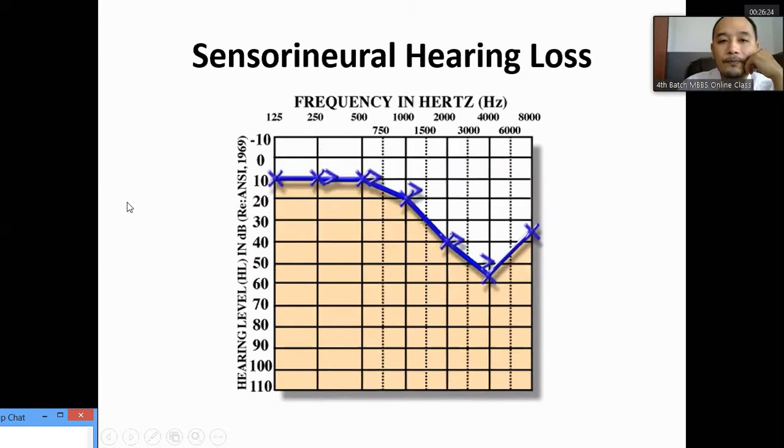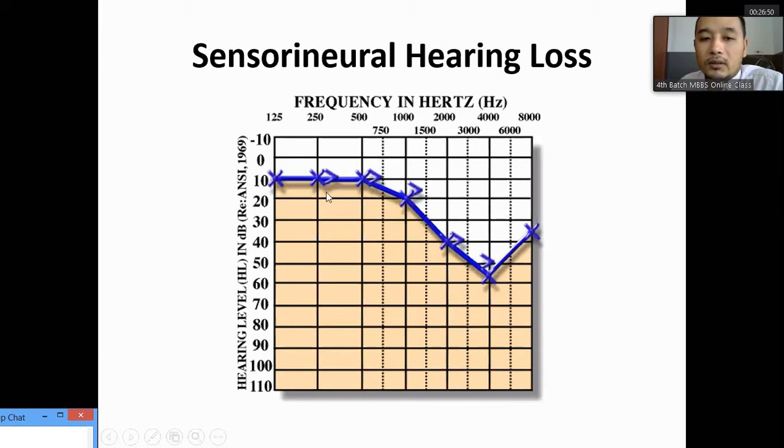Now sensorineural hearing loss. Here you see in the high frequencies, it starts from 1000 to 4000 and 8000. In lower frequencies, the bone conduction is normal. Bone and air conduction both are normal. But in higher frequencies, air conduction and bone conduction are all impaired.